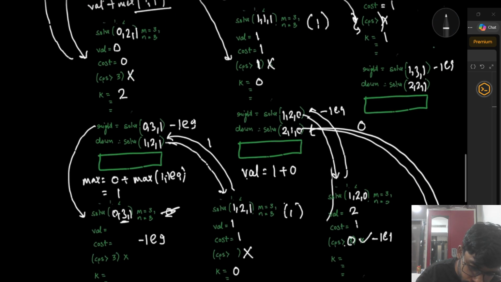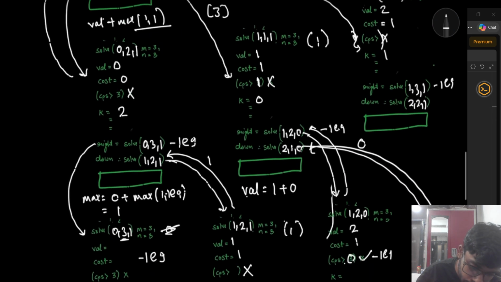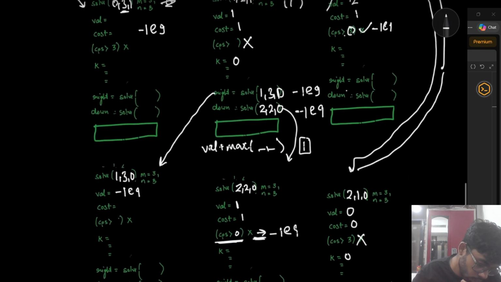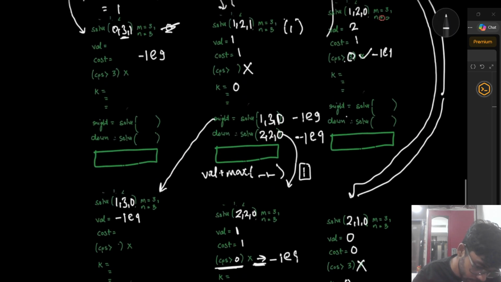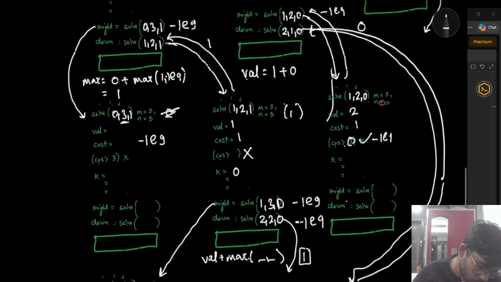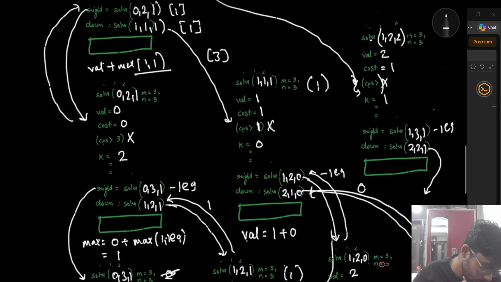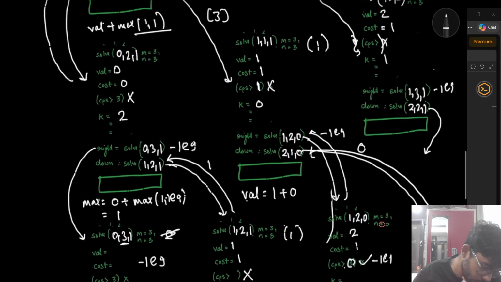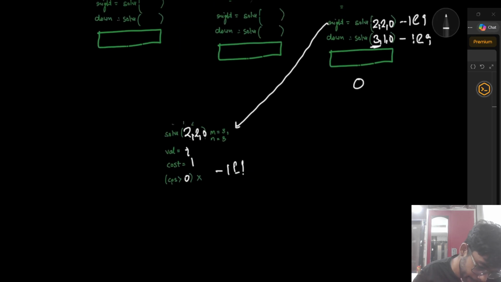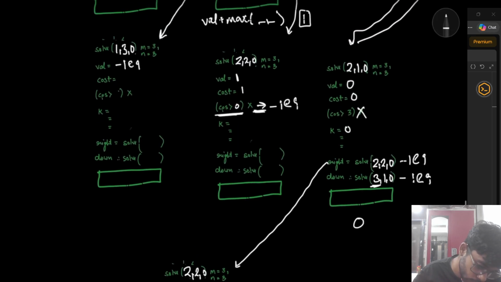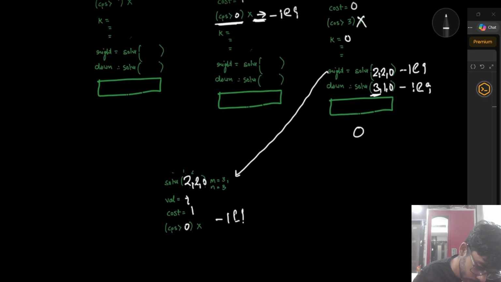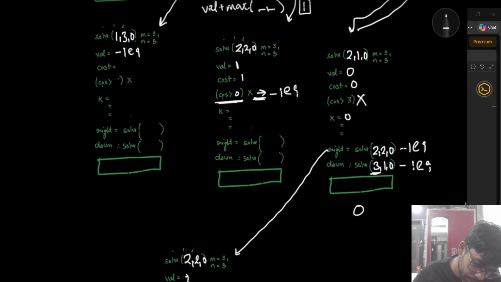Then we will call this 2 comma 2 comma 1. Did we solve 2 comma 2 comma 1 somewhere? No, 2 comma 2 comma 1 we haven't solved. We have solved 2 comma 2 comma 0.